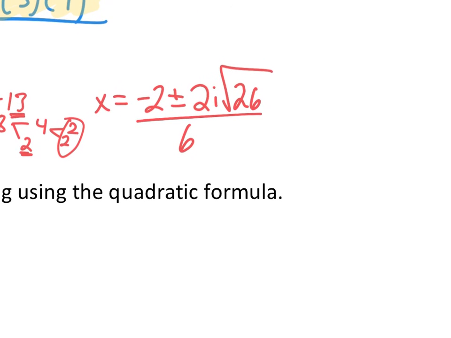Okay. 2 more things I can do. If I see that 2, 2, and 6 can all be simplified, I can divide them all by 2. So negative 1, 1, 3. So x equals negative 1 plus or minus i square root of 26 over 3.